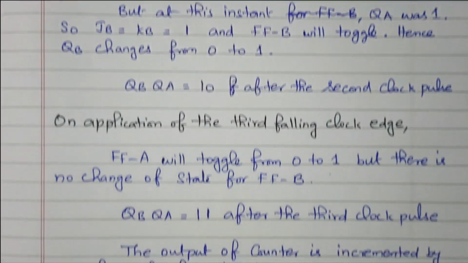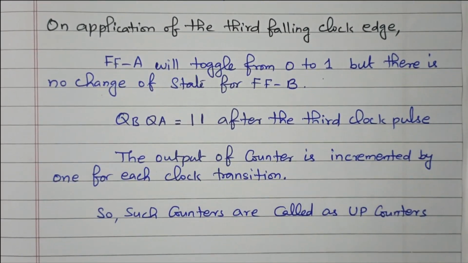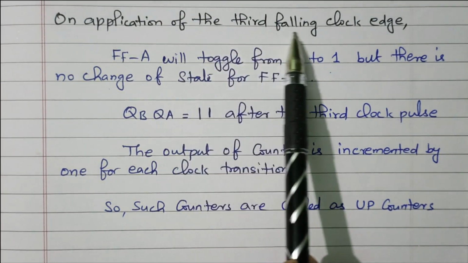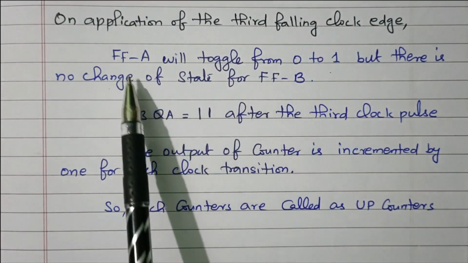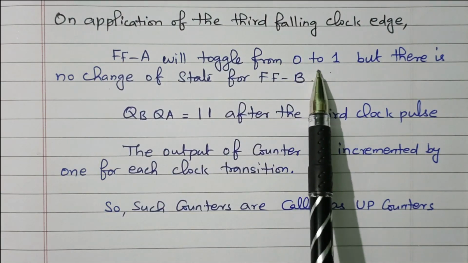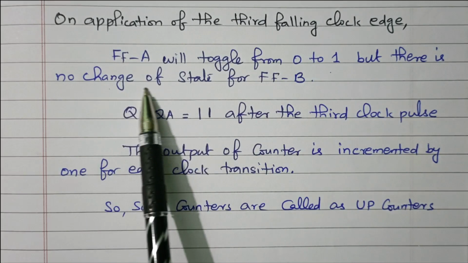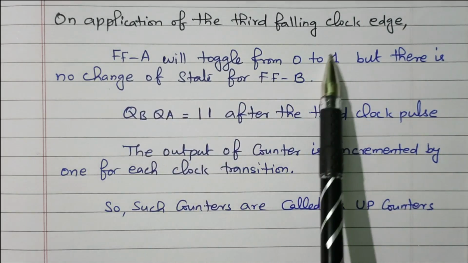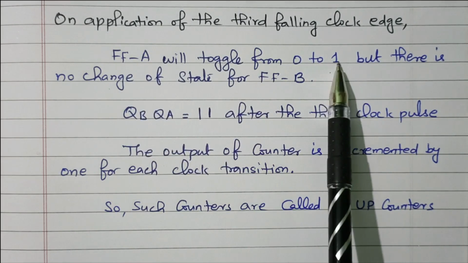Now we'll see the third clock pulse. What will happen after the third clock pulse? On application of the third falling clock edge, flip-flop A will toggle from 0 to 1. Again it will toggle. But there is no change of state in flip-flop B, right? Because of 1, no change.